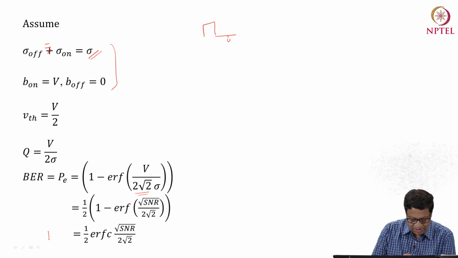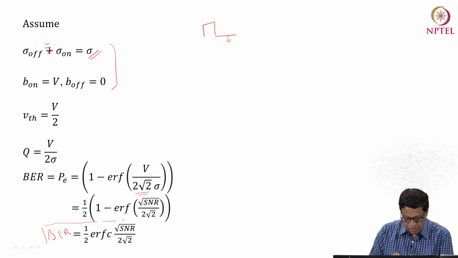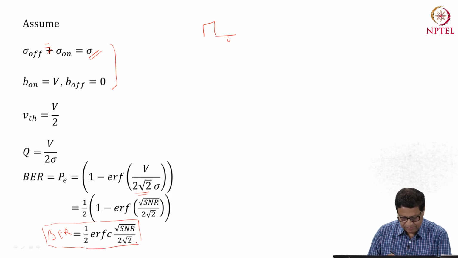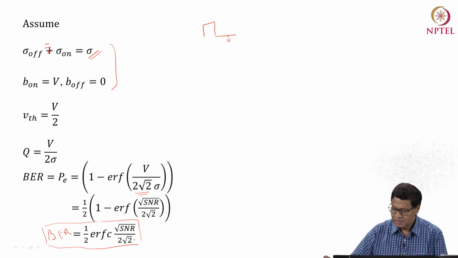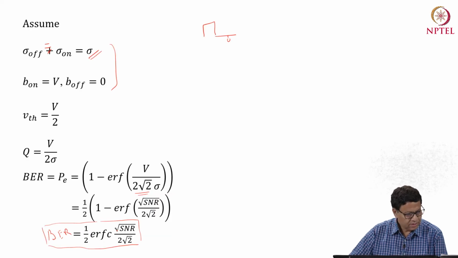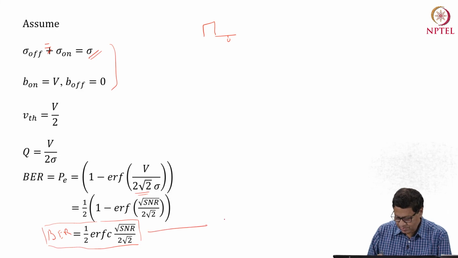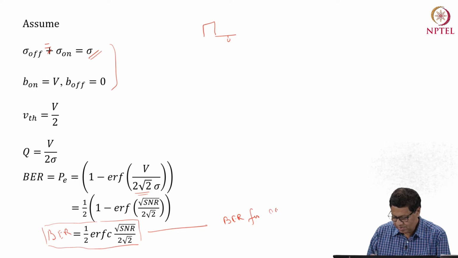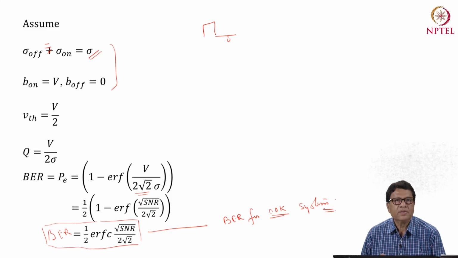So this is the BER for an OOK system, let me write here, BER for on-off keying system.